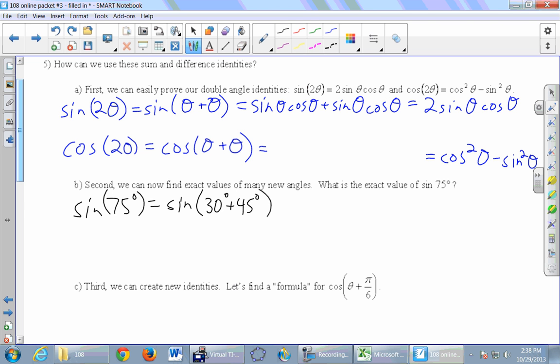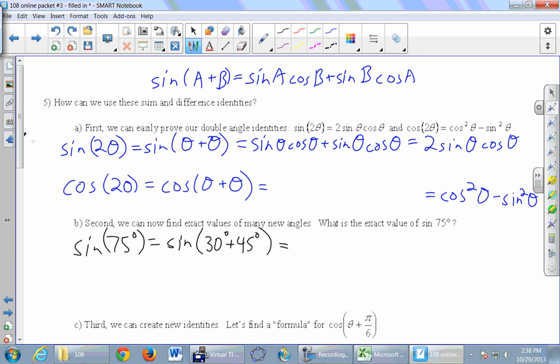And the good thing is that we know an awful lot about 30 and 45. So using our formula that's still up here at the top of this page, we just change the A's to 30s and the B's to 45s. And we get that.